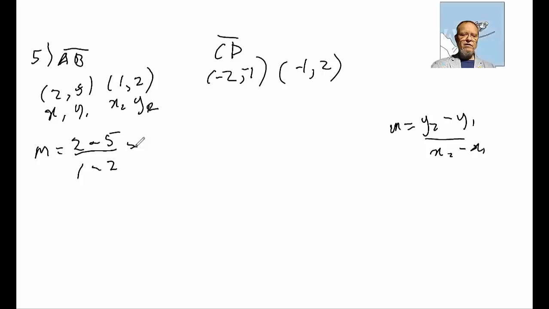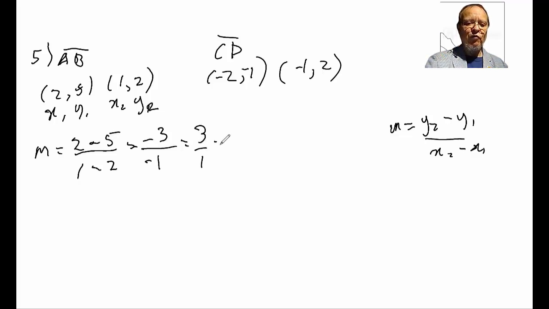So I get 2 minus 5, which is -3, and then 1 minus 2 is -1. And remember, a negative over a negative is a positive. So that's 3 over 1, and essentially that is 3. So our slope is 3.